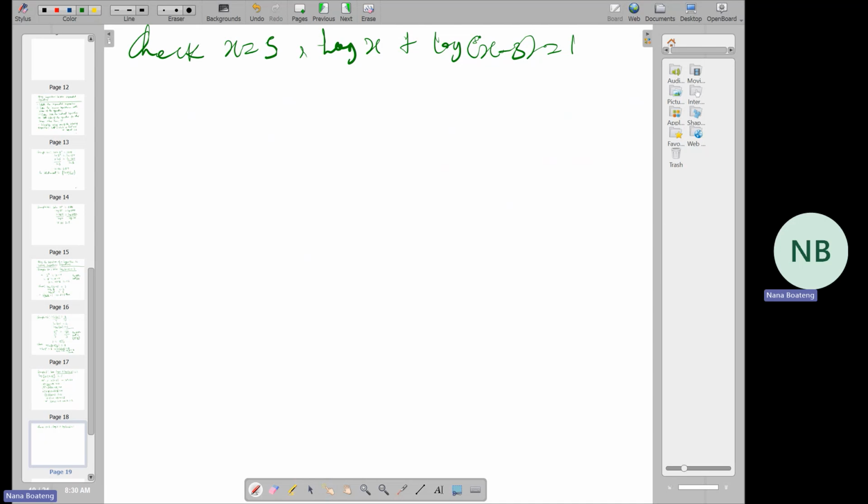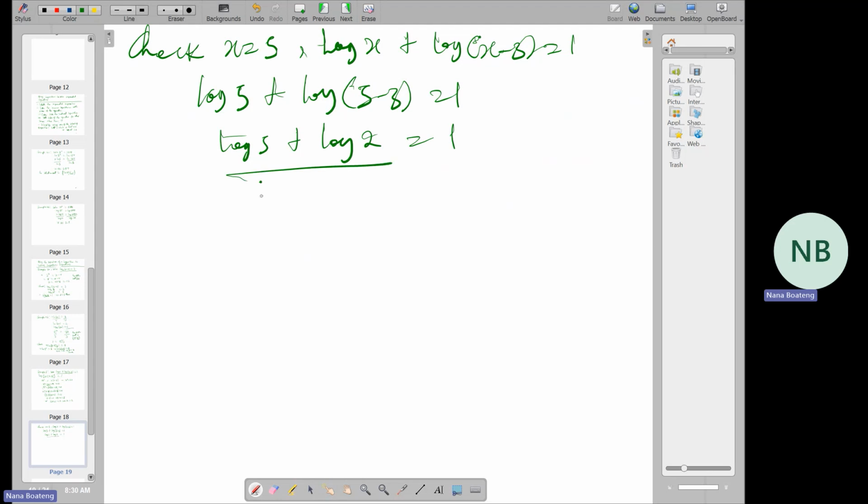When x is equal to 5, we have log of 5 plus log of 5 minus 3 is equal to 1. So we have log of 5 plus log of 2. By the product rule, this is the same as log of 5 times 2, which is log of 10, which is equal to 1. Log of 10 is 1. So 1 is equal to 1. So this is true.